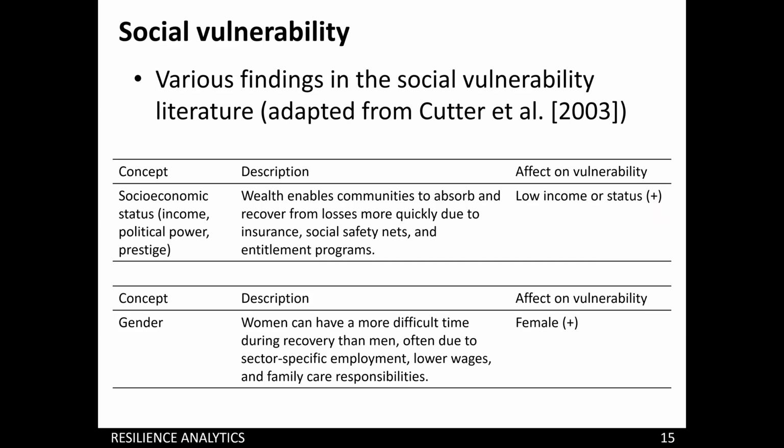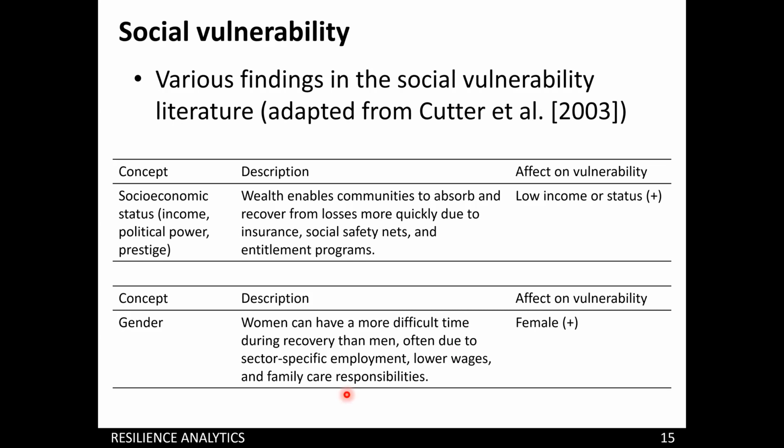Gender. This is a difficult one, but perhaps traditionally it might make sense that women have lower wages than men, so they might have less of an ability to reach certain socioeconomic status to be able to respond to disruptive events.